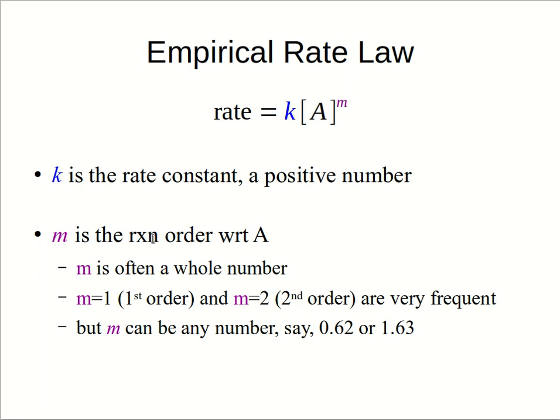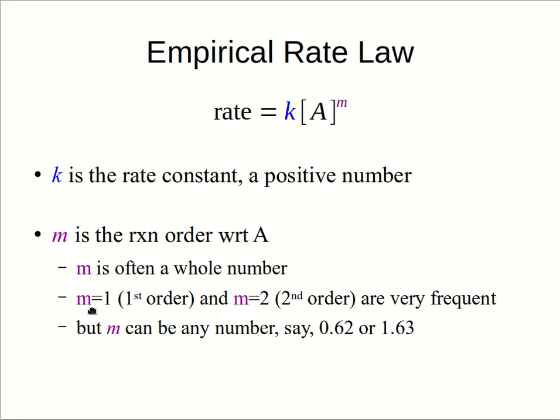m is the so-called reaction order, in this case the reaction order with respect to A. For every reactant you get a little exponent, and this is called the reaction order with respect to reactant A. And this little m is very often a whole number. The simpler the reaction, the more likely it is that m is a whole number.